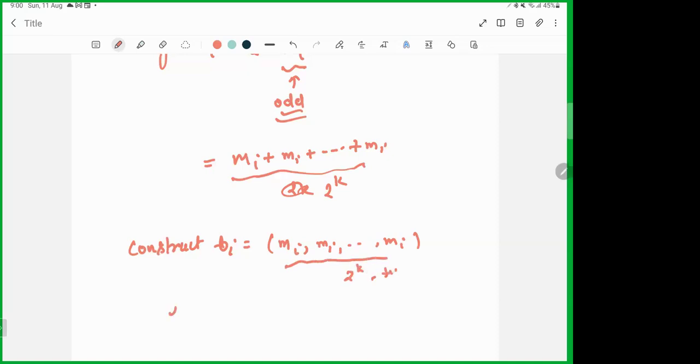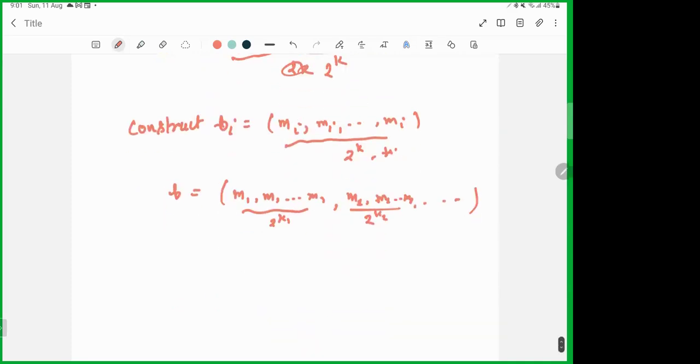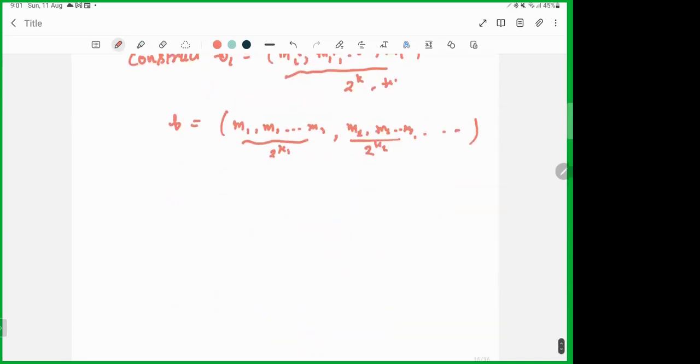So what will b be? B is of the form m1, m1, m1, 2 to the power k1 times, then m2, m2, m2, 2 to the power k2 times, and so on. You have got it, right? Yes, sir. So now what about why this will be a bijection?